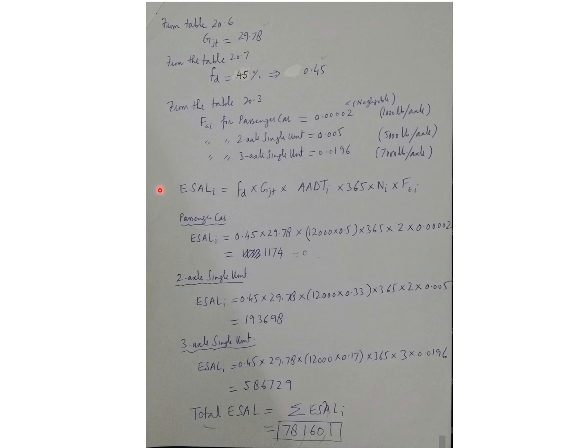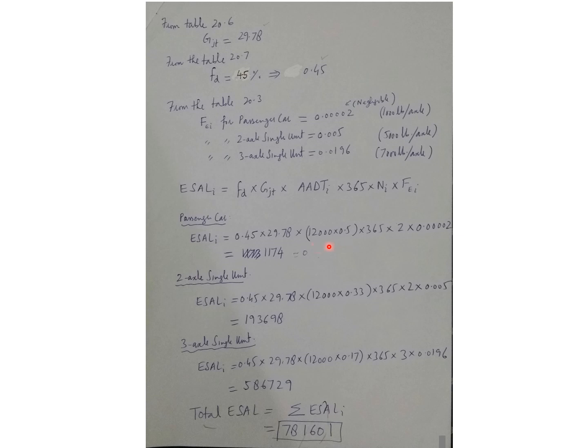Now it's time to use the formula, this one. Now this formula will be used one by one for the different categories of the vehicle. First, look at the passenger car. Now here you can see 0.45, that is F sub D, 29.78, that is the growth factor, and the average annual daily traffic for that particular vehicle, passenger car, 12,000 multiplied by 0.5. Why is it so?